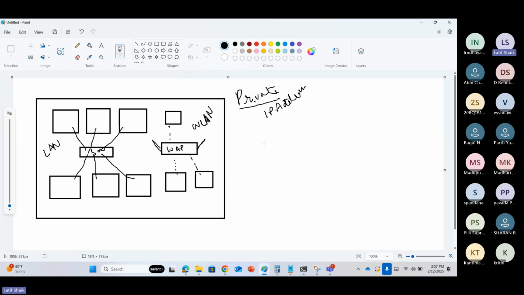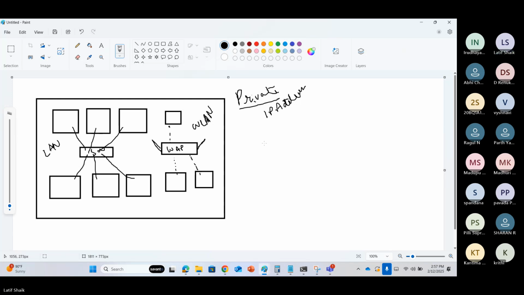That is the design behind IPv4 and IPv6. So which IP address can be used within a LAN, without any public connectivity, people can use it directly. No need of license and all.